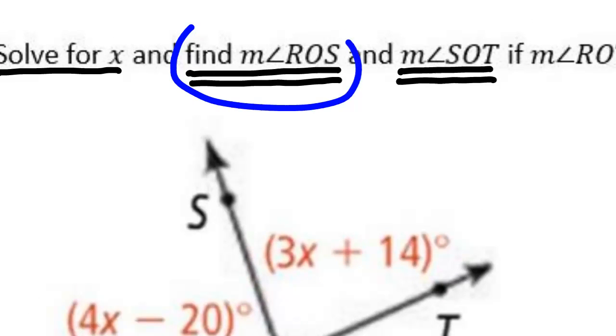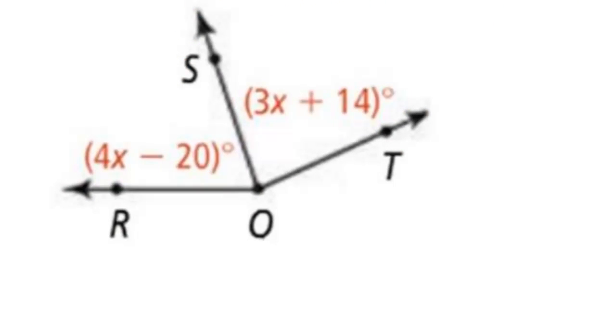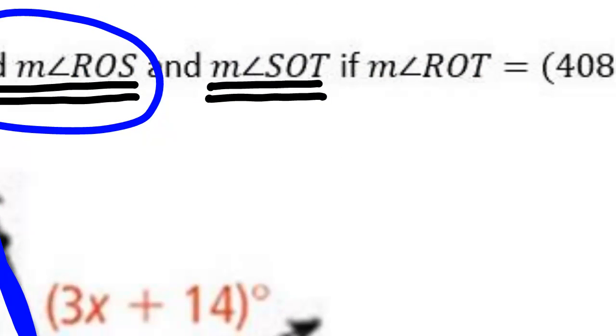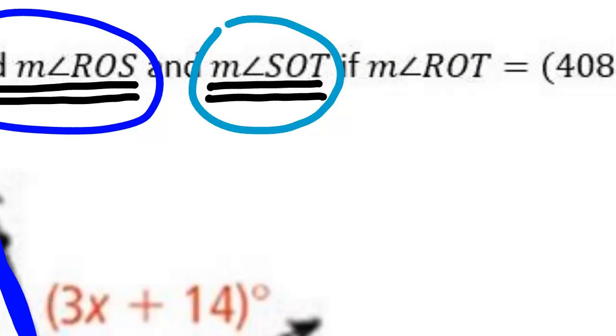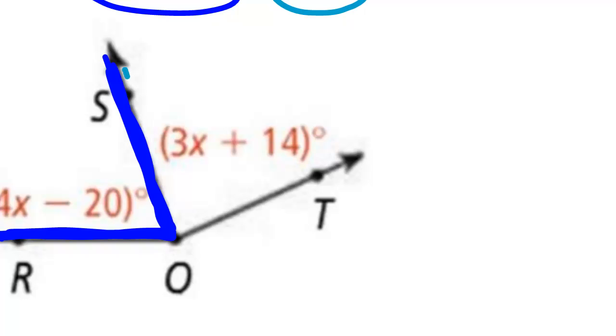Well, I'm going to let ROS be a dark blue angle. Here's my angle ROS. And then we also have angle SOT. I'm going to use a lighter blue for SOT. Here's my angle SOT.